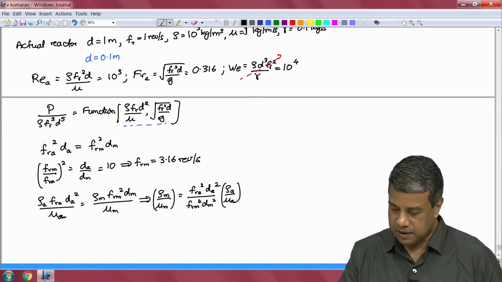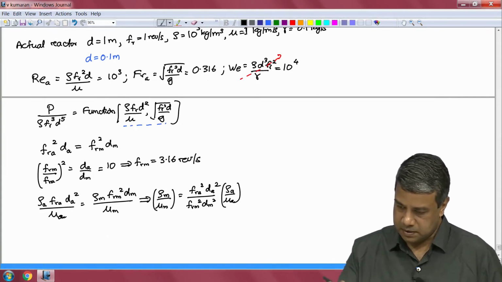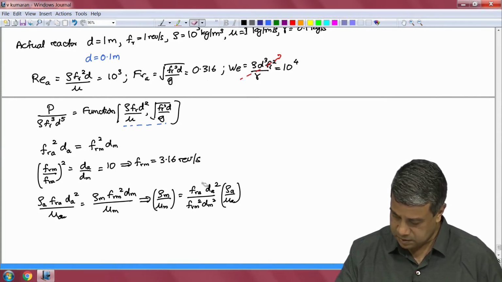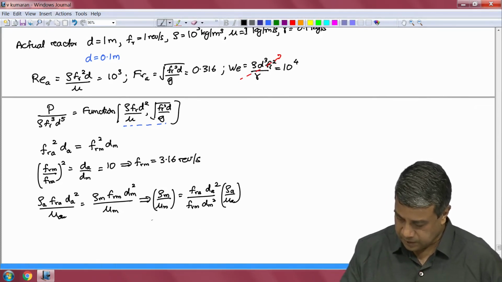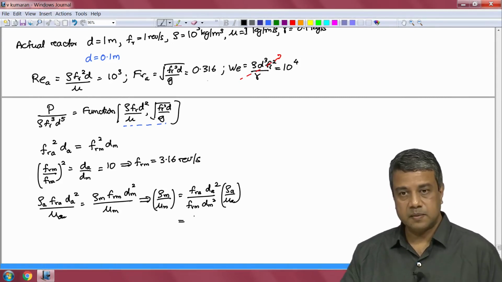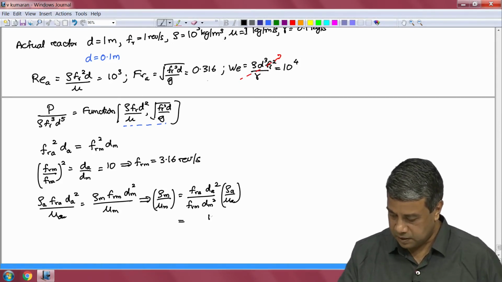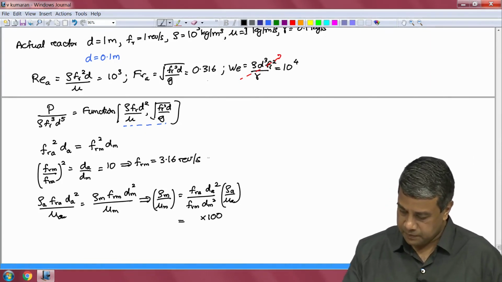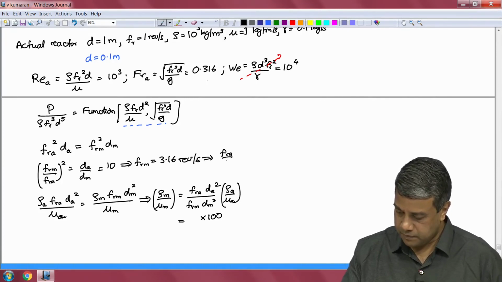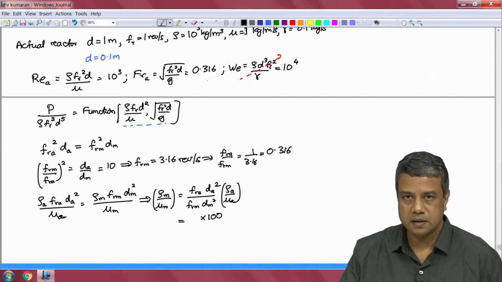FRM by FRA is equal to 3.16, and dA by dm is 10. So, I have a factor of 100, and FRA by FRM is equal to 1 by 3.16, which is 0.316, the square root of 10.